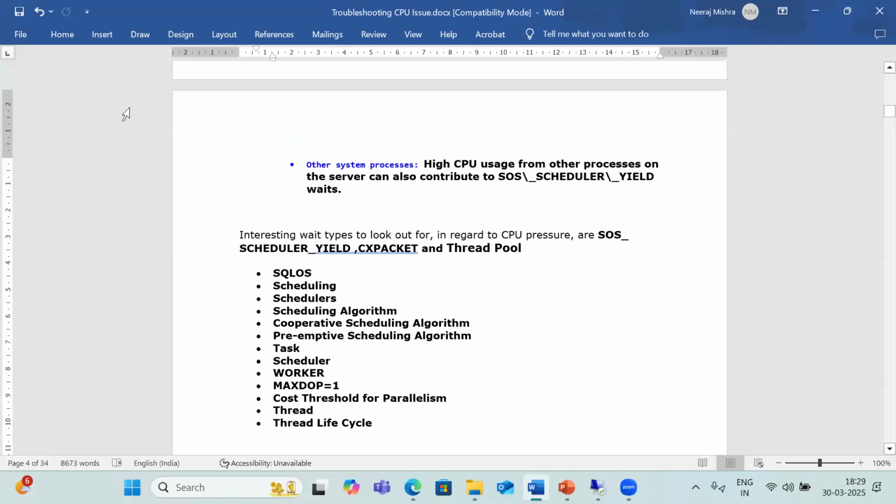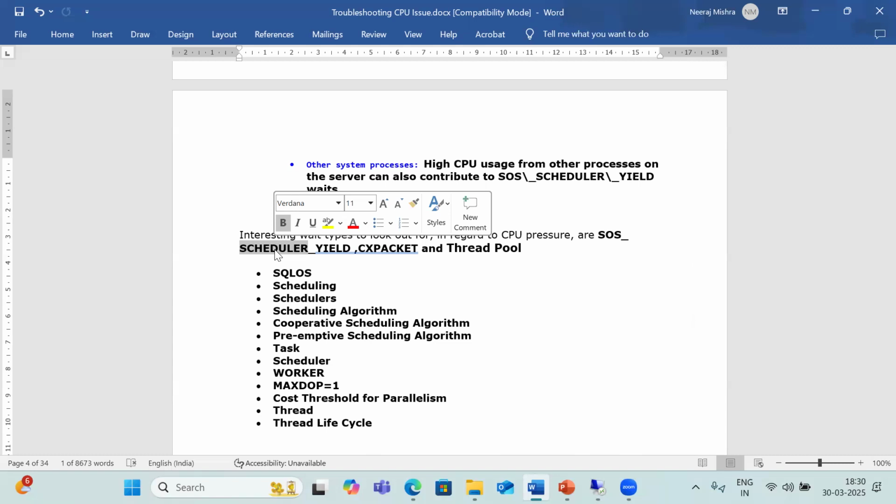Okay, so let us go with the discussion here. When we submit the query for execution, a plan is generated. The plan may be serial or parallel. If it is a serial plan, that query will be represented as a single thread to the scheduler. What a scheduler is: it is a component of SQL OS.